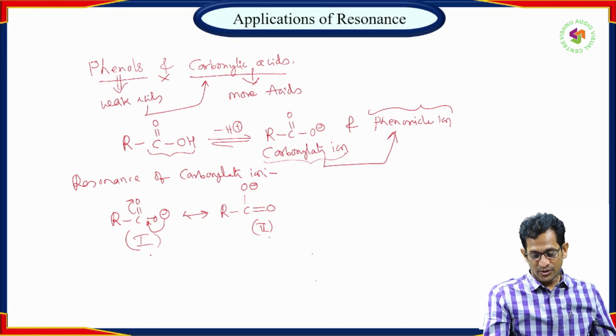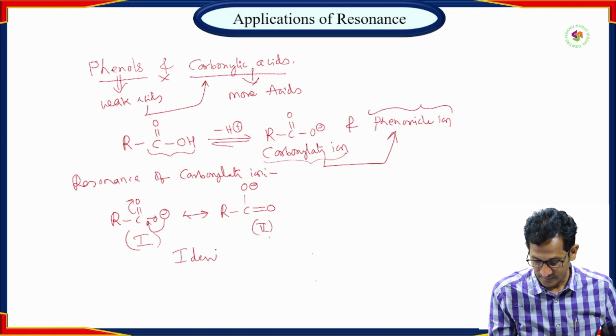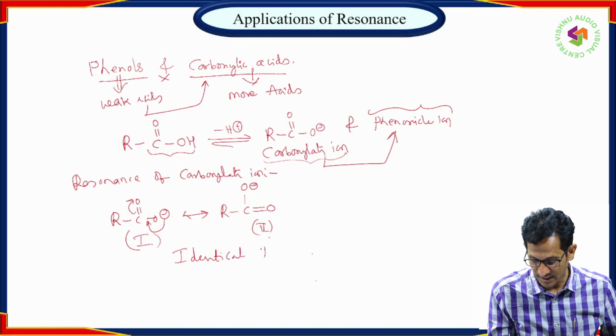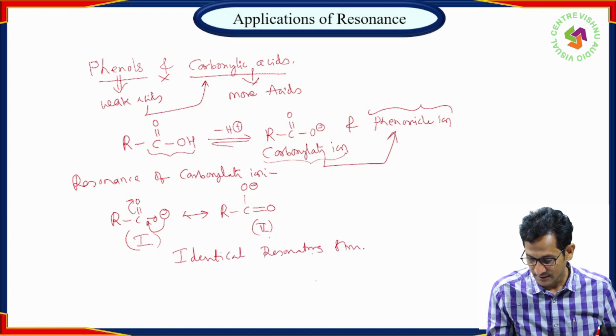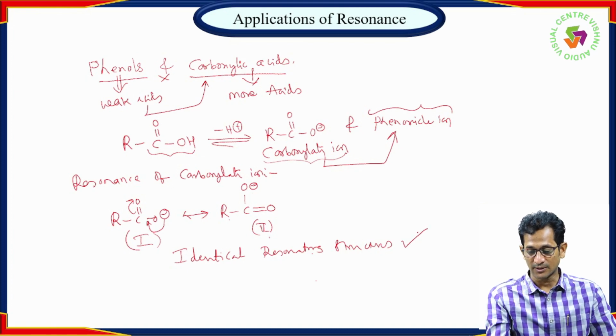But when you come to the resonating structures of the carboxylate, resonating structure 1 and resonating structure 2 are identical. The R group is there in both, carbon double bond O, carbon double bond O, carbon single bond O minus, carbon single bond O minus.